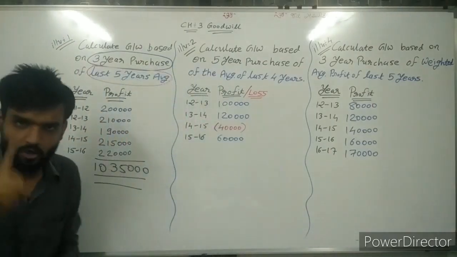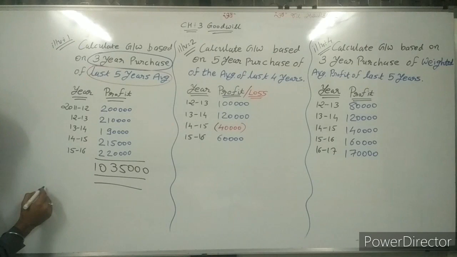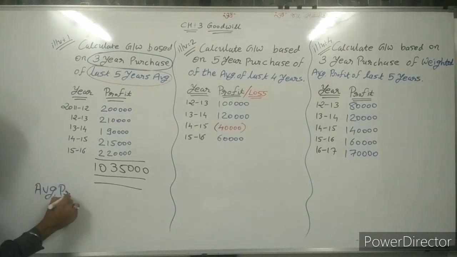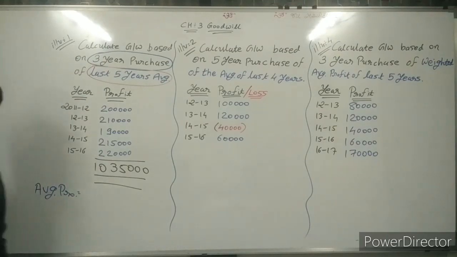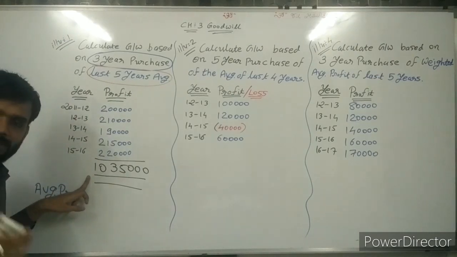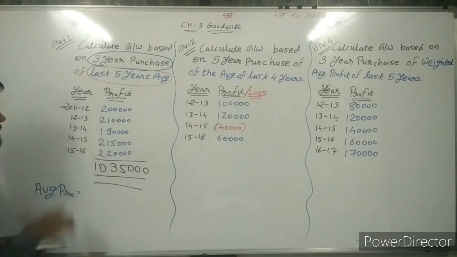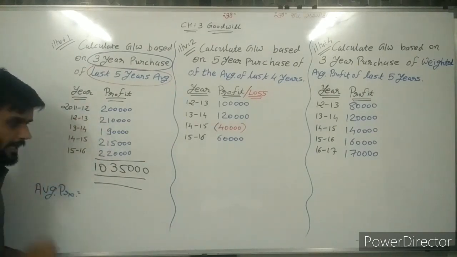So first of all, again we are finding average profit. So write down average profit. Now what is meant by average profit? All of us know it is total profit divided by number of years. Here 5 years are there and total profit is 10,35,000.